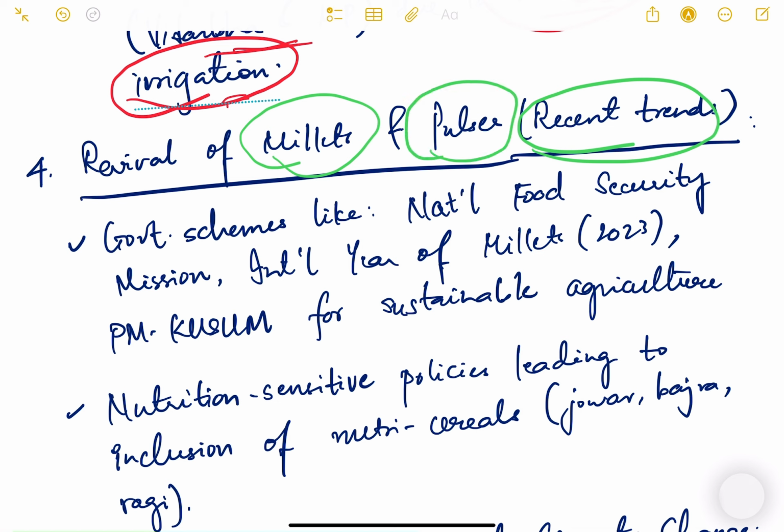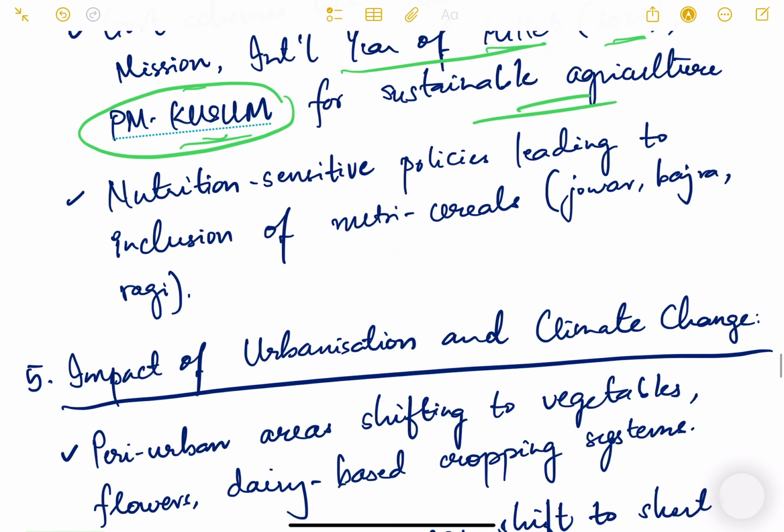So government schemes like National Food Security Mission, International Year of Millets, 2023 it was declared. PM Kusum, this is the Yojana for installation of solar pumps in agriculture, for sustainable agriculture. Nutrition sensitive policies leading to inclusion of nutri cereals like jawar, bajra, ragi.